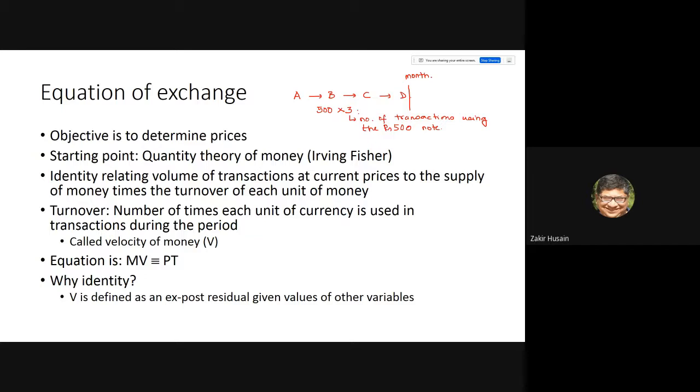So is the concept of velocity clear? Let us say I'm the central bank and I issue 4 notes of 500 rupees. What is the total amount of transactions that can be done using these 4 notes?